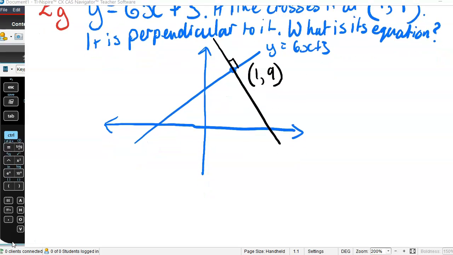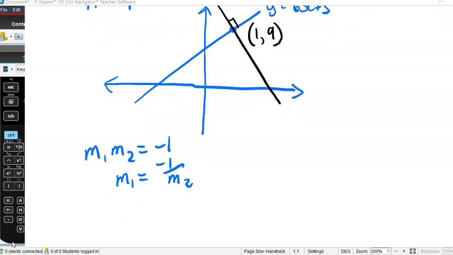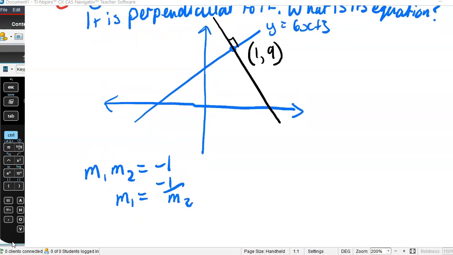So we know that because they're perpendicular, the two gradients times together gives you -1. So the other way I can write that is m1 equals -1 on m2. So our gradient for our first equation is 6, and let's say we're looking for the other gradient.